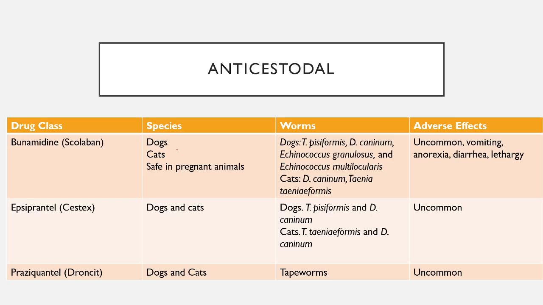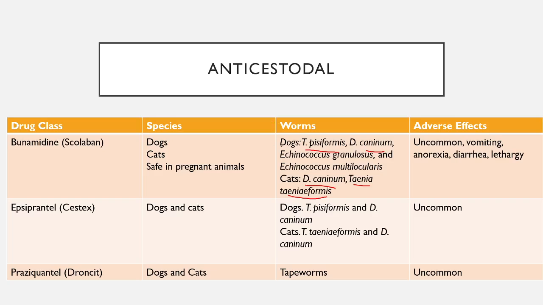Scolaban, or bunamidine, we can use in dogs and cats, and it's safe with pregnant animals. You might see some vomiting, anorexia, diarrhea, and lethargy. It can get some of these tapeworms: Echinococcus granulosus, Echinococcus multilocularis, Taenia pisiformis, Dipylidium caninum, and in cats, Dipylidium caninum and Taenia taeniaeformis.